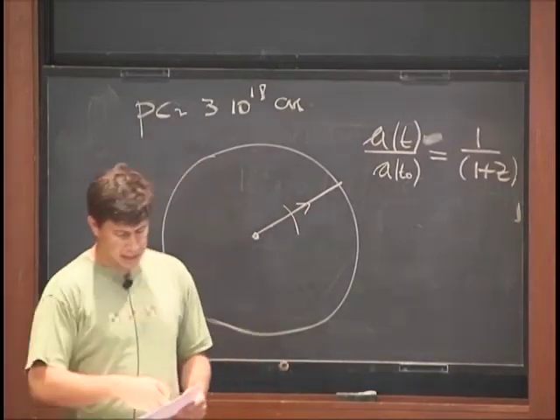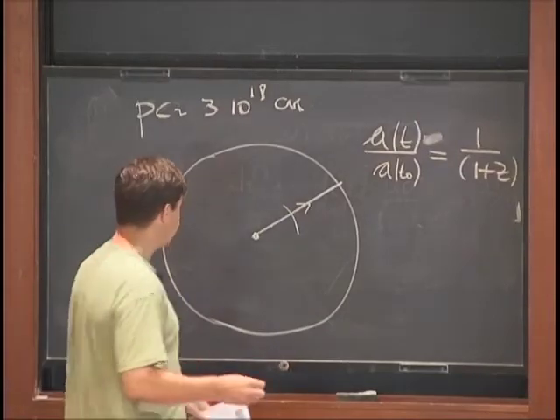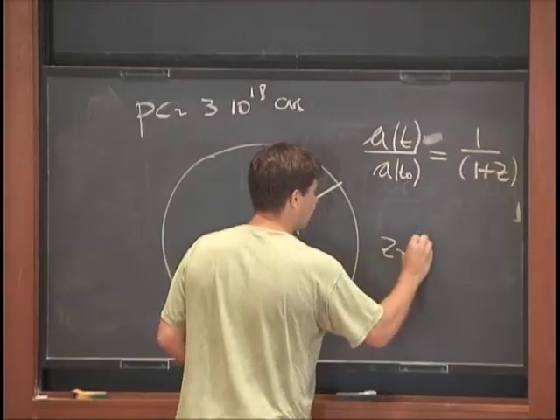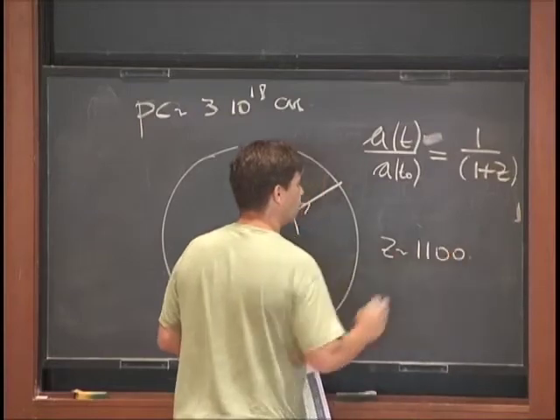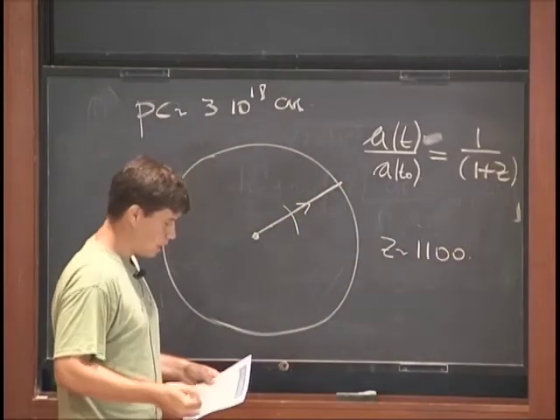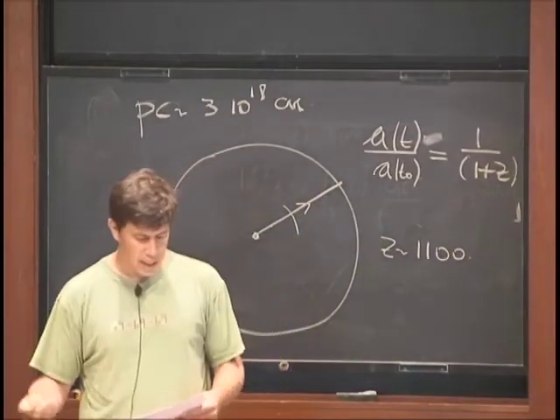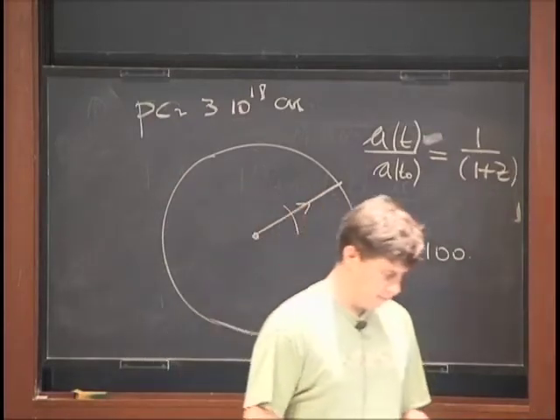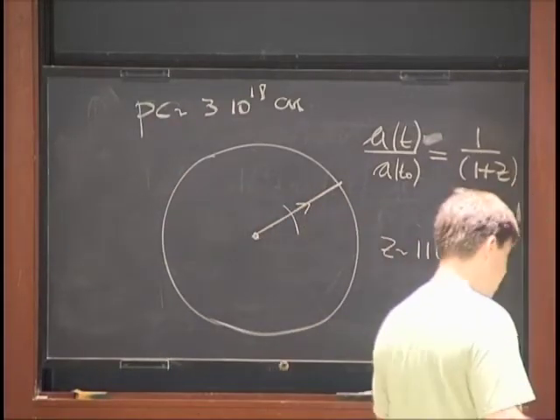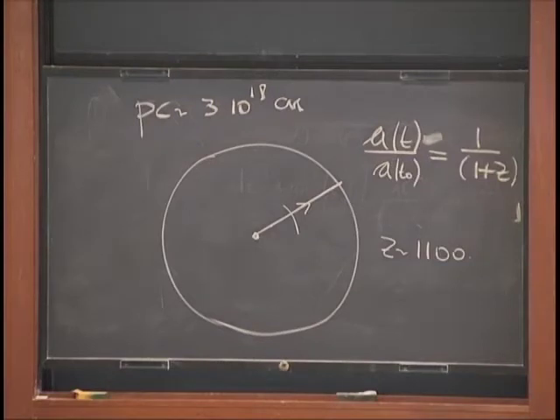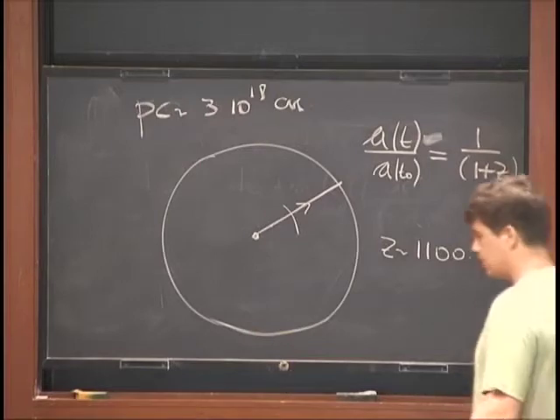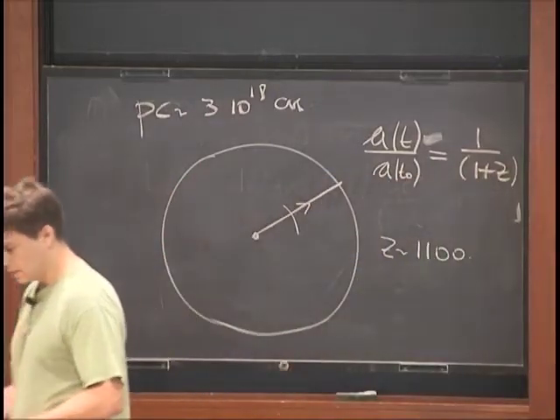I picked some random numbers there, except for redshift z of 1100. That's where the CMB is coming from. A redshift of 0.1 or 0.2 is the typical redshift up to which people make maps of the location of nearby galaxies to study the large-scale structure of the universe.